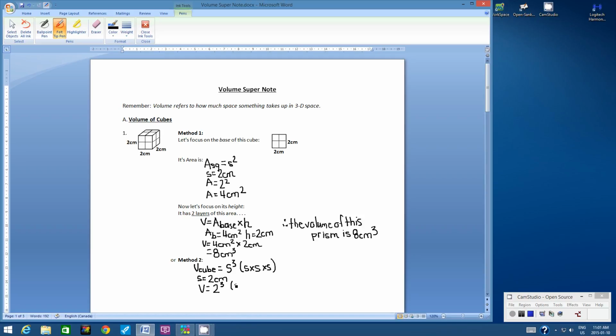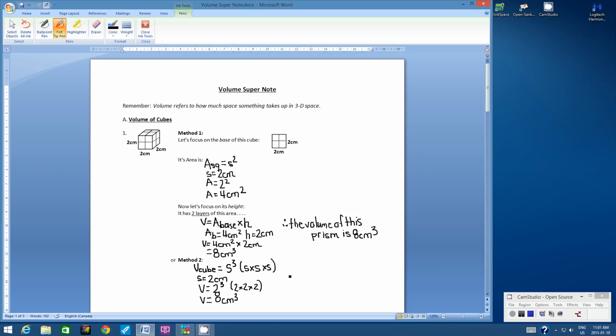So what does this mean? That means 2 times 2 times 2. Our calculation line, 2 times 2 is 4. 4 times 2 is 8. So we have 8 centimeters cubed. Remember, volume is always going to be some type of units cubed.